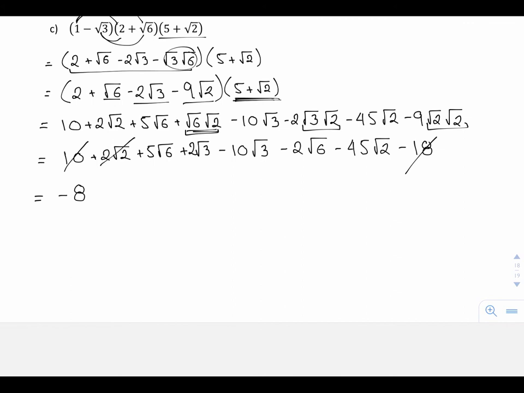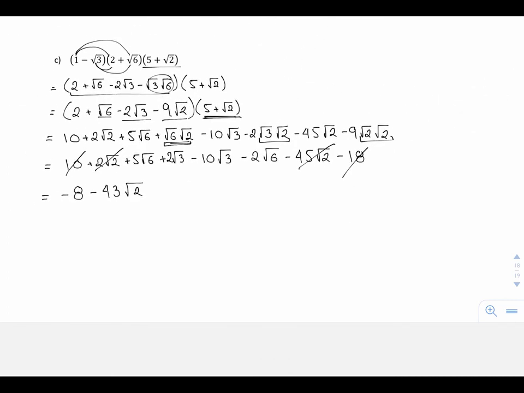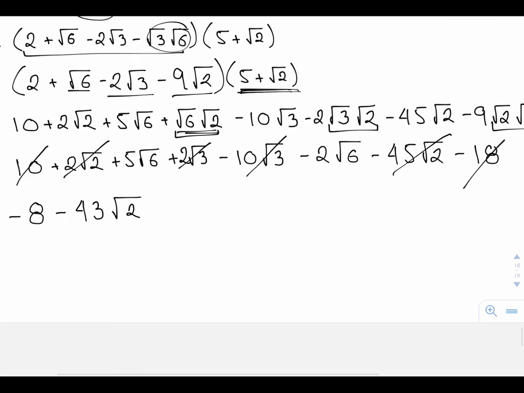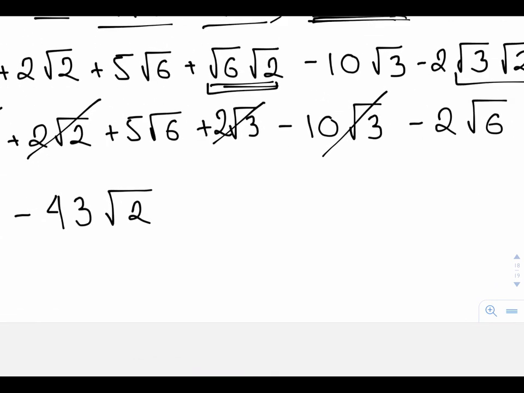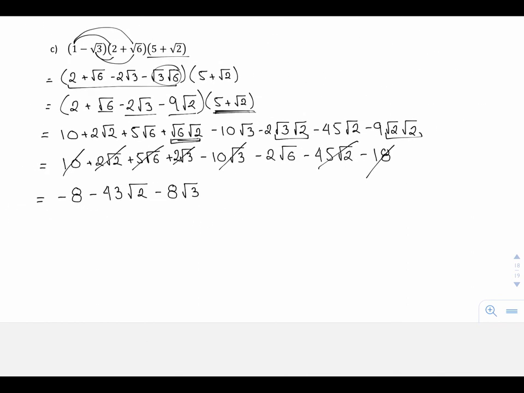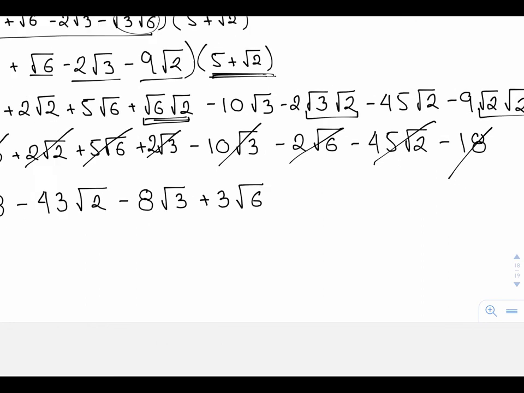The 2 root 2 and the negative 45 root 2 combine to give me negative 43 root 2. The 2 root 3 and the negative 10 root 3 combine to give me negative 8 root 3. And finally, the 5 root 6 and the 2 root 6 combine to give me positive 3 root 6.